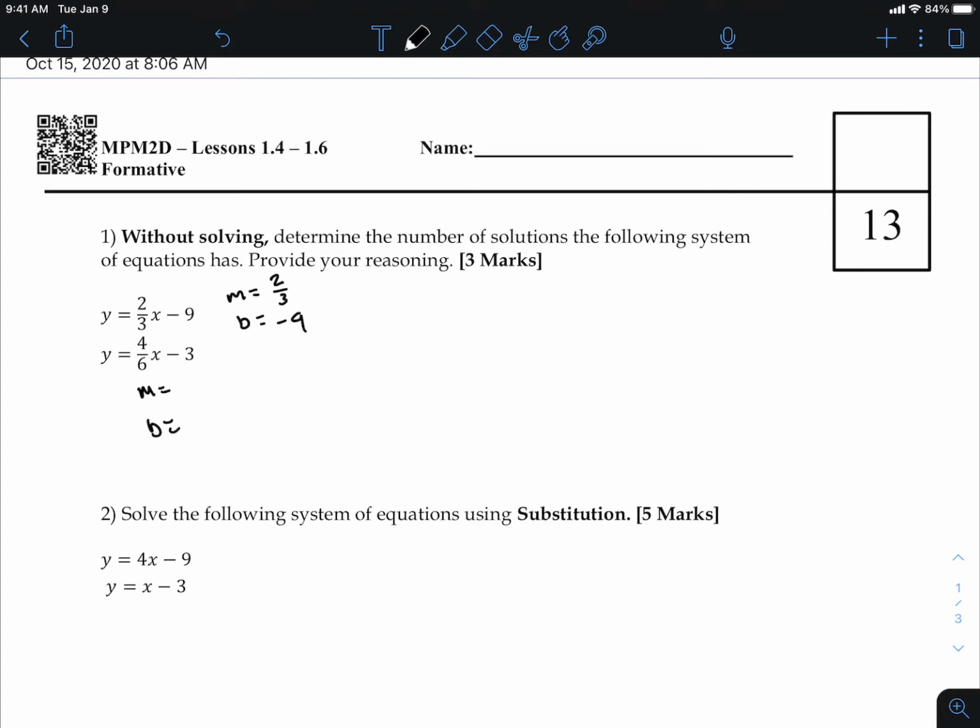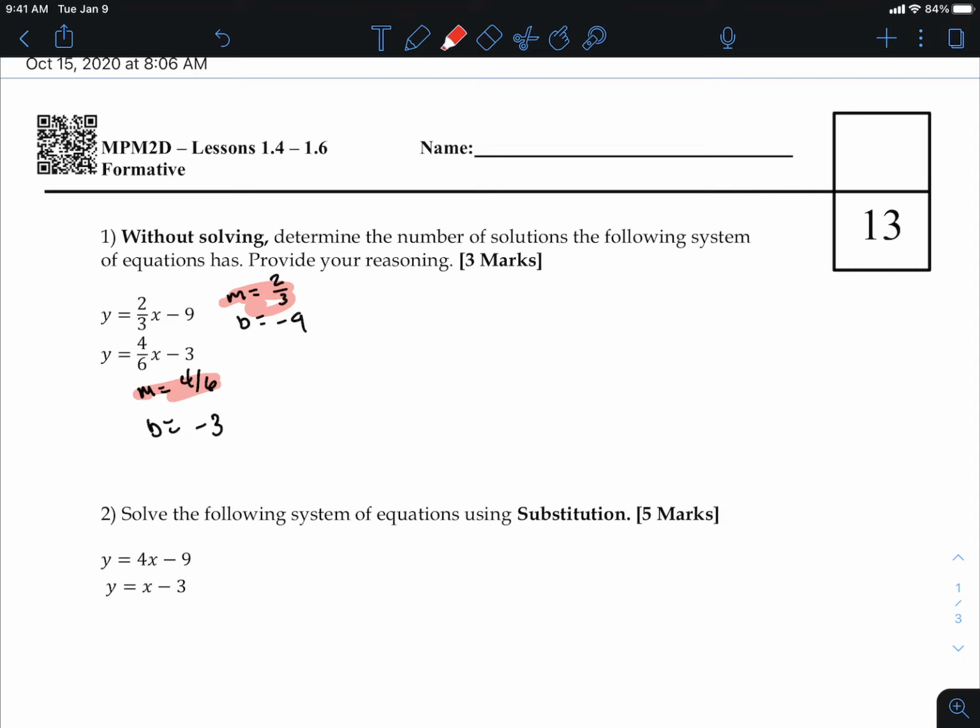And in this one, it's 4 over 6 and negative 3. Upon first glance, you're like, okay, the slopes don't match, y-intercepts don't match, they must cross, right?